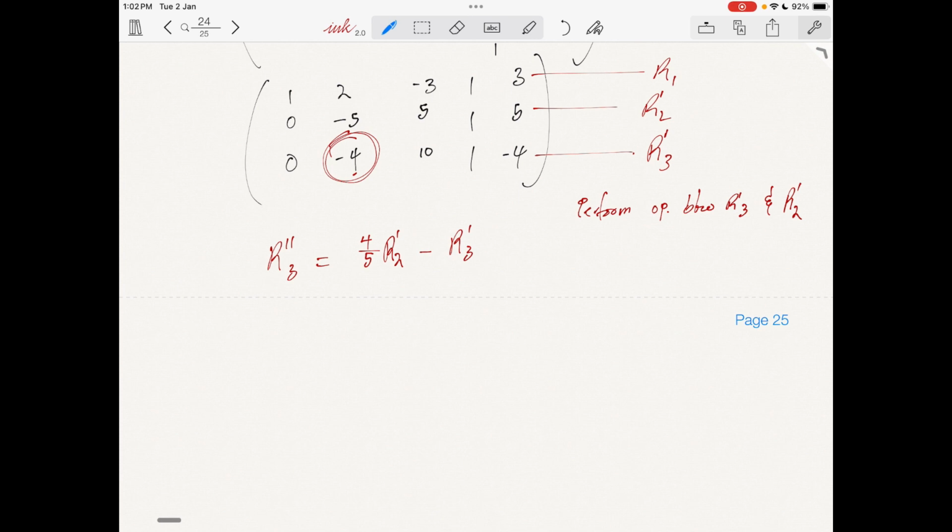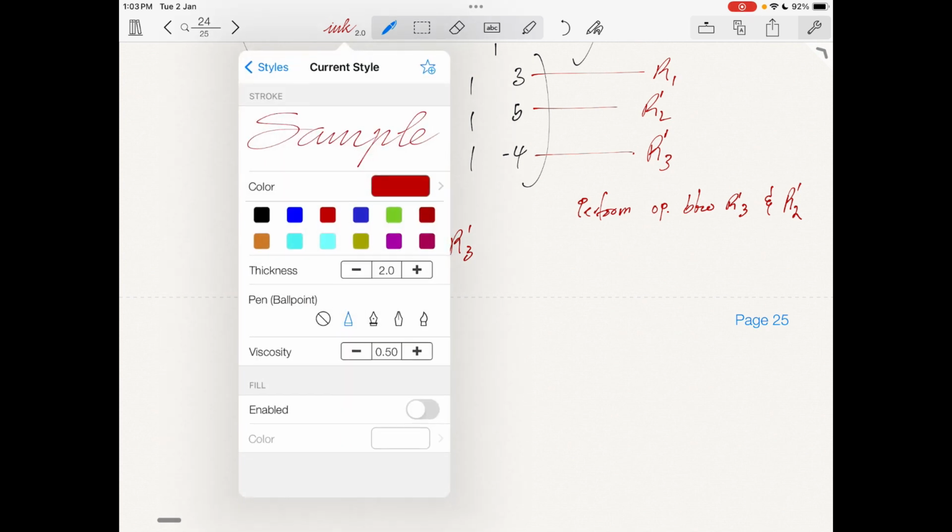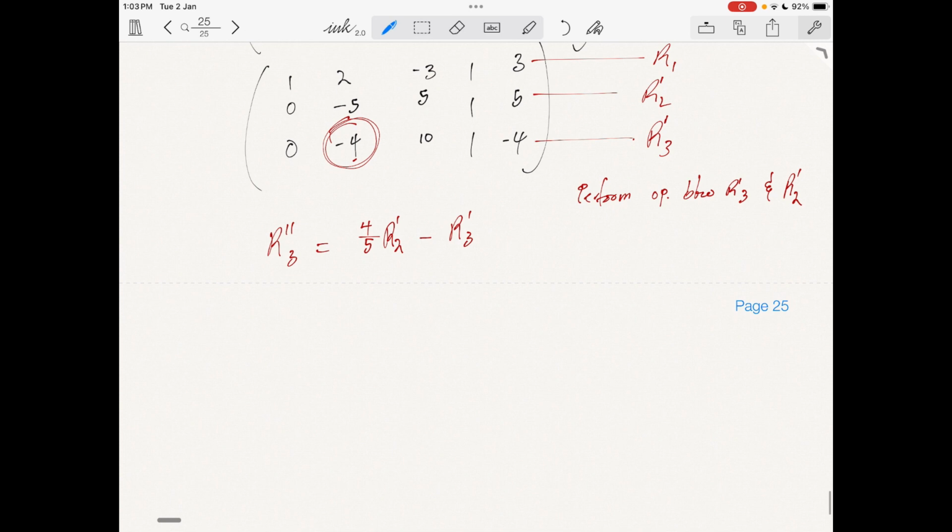With respect to that, we can now perform operations between row 2 prime and row 3 prime. So the first thing we do is to write what are not affected: 0, minus 5, 5, and 5.